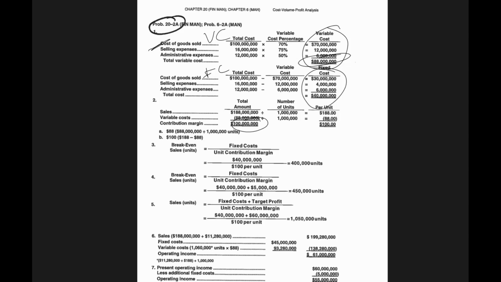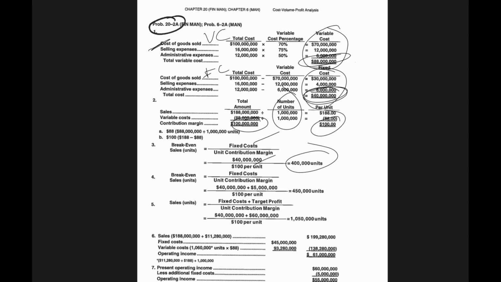They're selling 1 million units, it's provided to us in the reading. That's a contribution margin of 100. Break even in sales, fixed costs, we have that here, right? 40 million divided by the unit contribution margin gives us our break even in sales, 400,000 units.